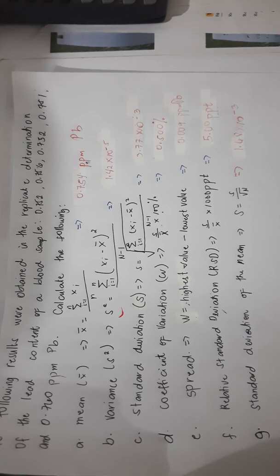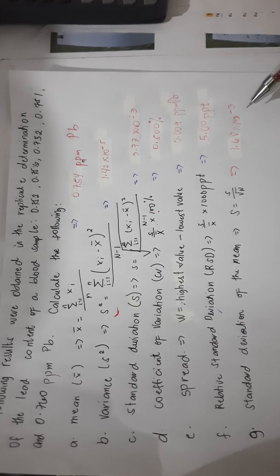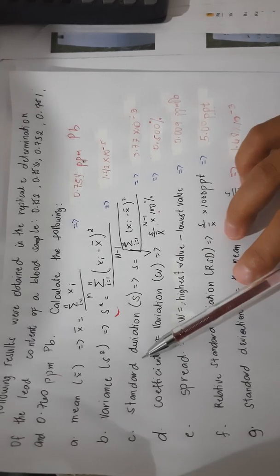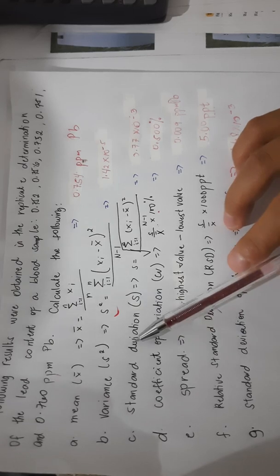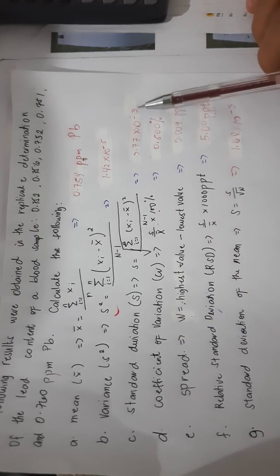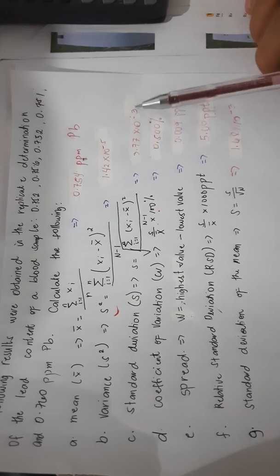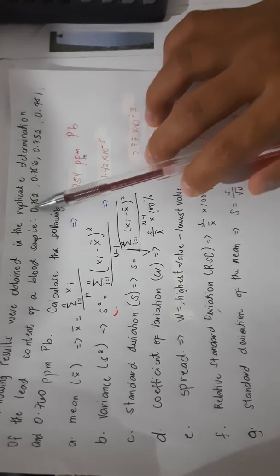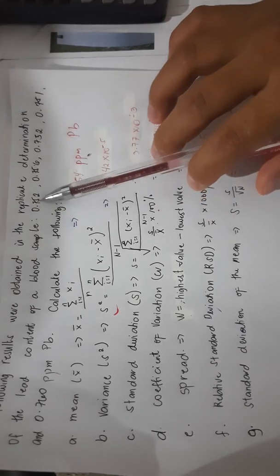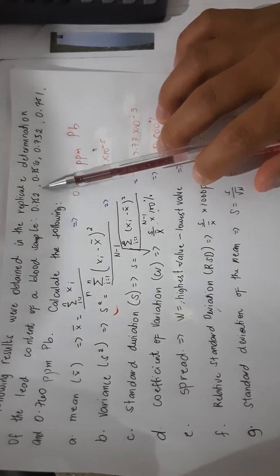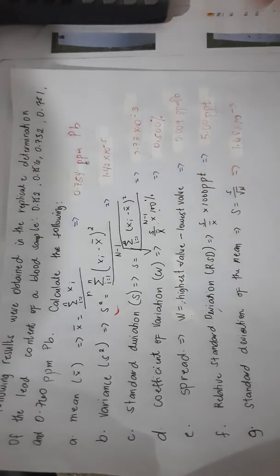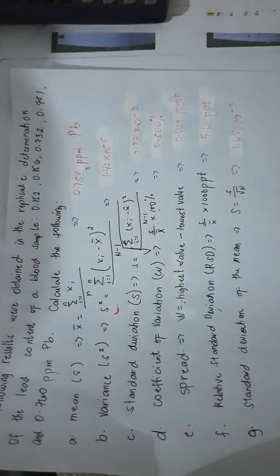So if we have a very small standard deviation, either of the mean or the sample standard deviation, raised to a negative power and very small, it means that the replicates you got are precise.